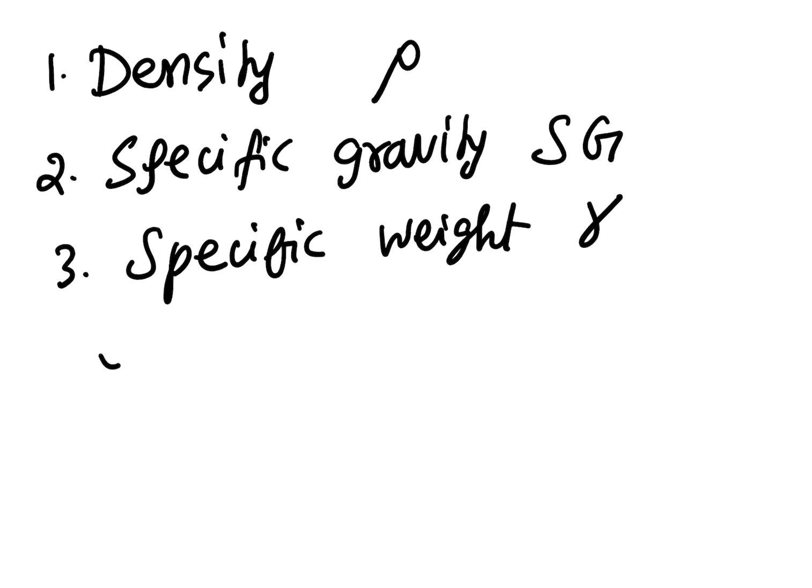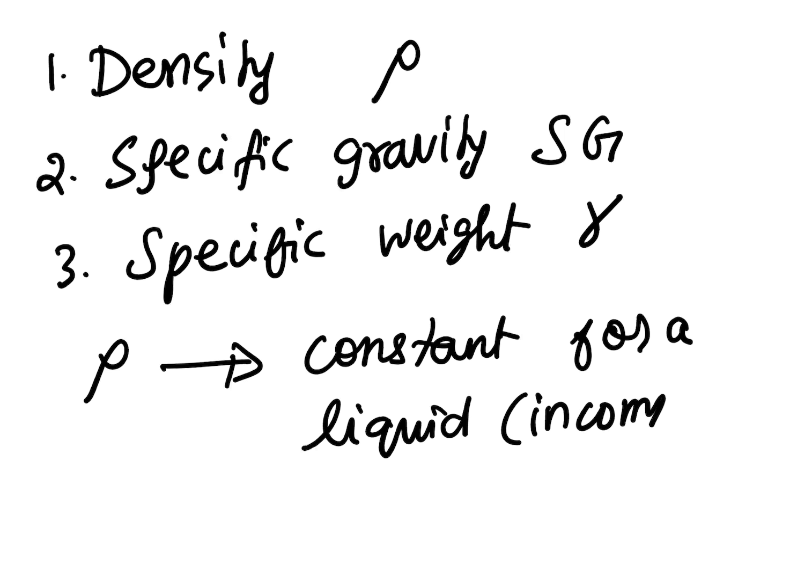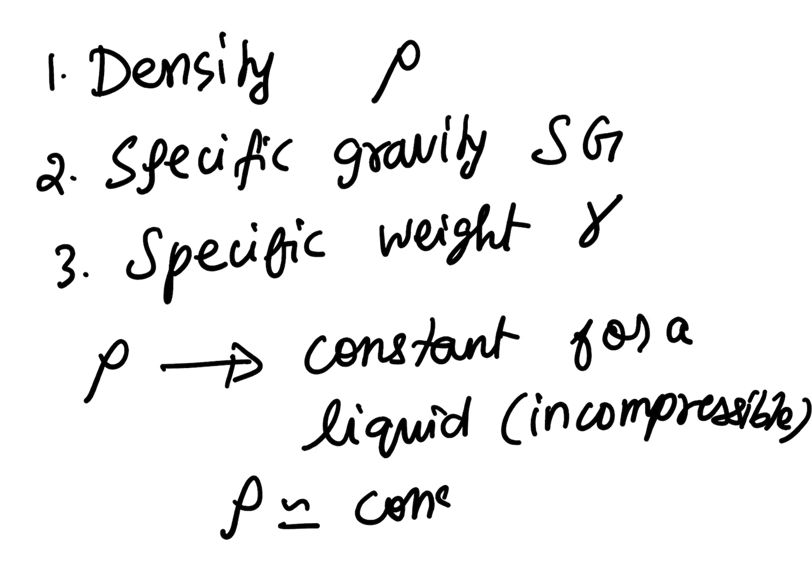And I mentioned previously that density, rho, is almost constant for a liquid, which is what makes the liquid incompressible, which means it cannot be compressed. So rho is approximately constant, and that's true most of the time for a liquid.